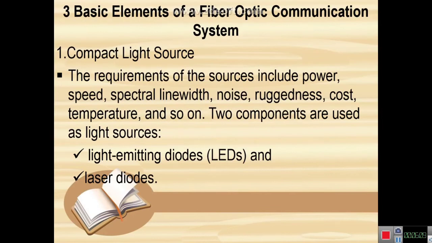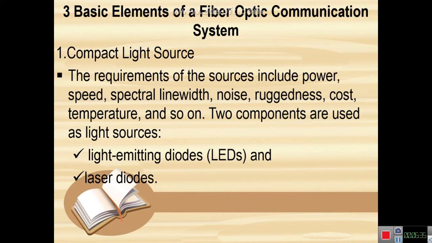We have three basic elements of a fiber optic communication system. First is the compact light source. The requirements of the sources include power, speed, spectral line width, noise, ruggedness, cost, temperature, and so on. Two components are used as light sources, light-emitting diodes and the laser diodes.